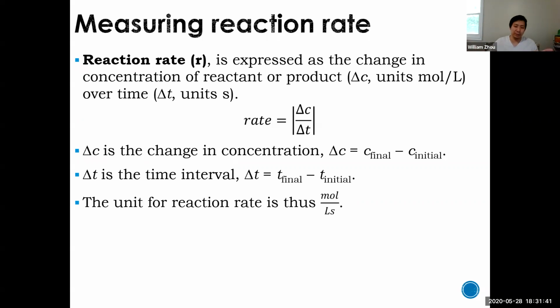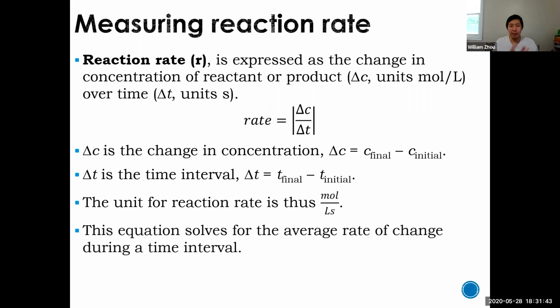Does that make sense? Now, this might look very familiar to you because you just learned calculus and vectors, and you talked all about rate of change in calculus. This delta C over delta T is just the average rate of change over a time interval.